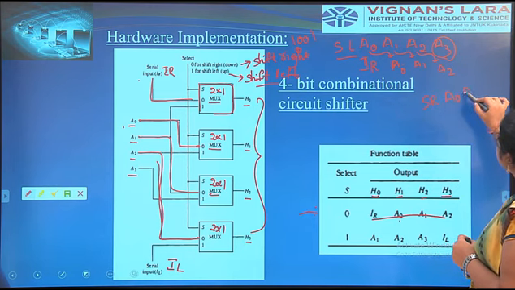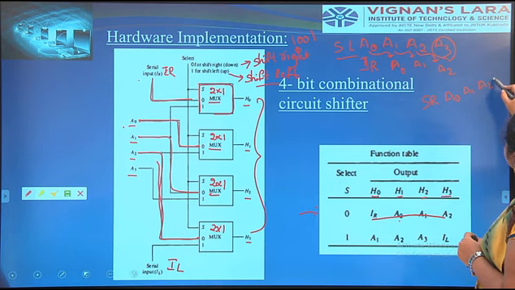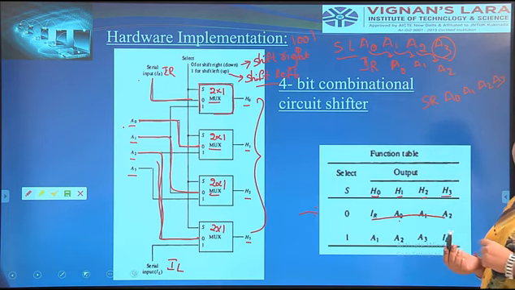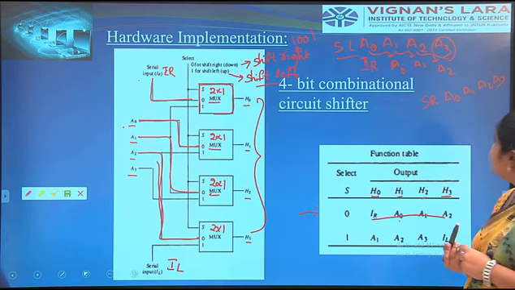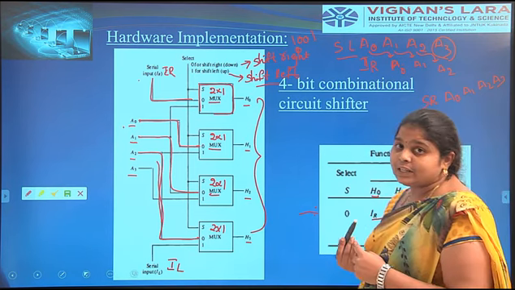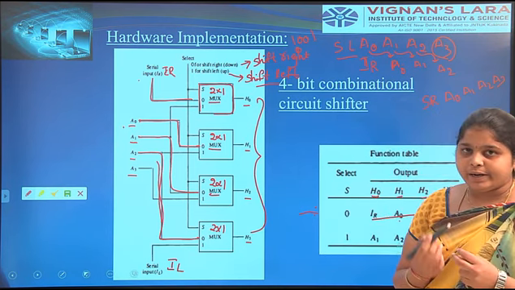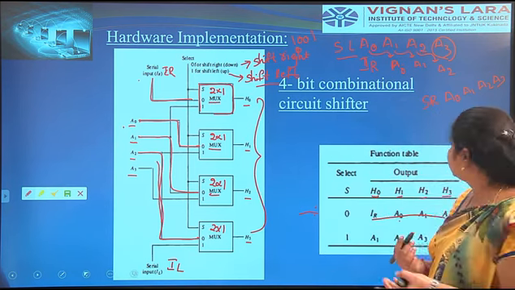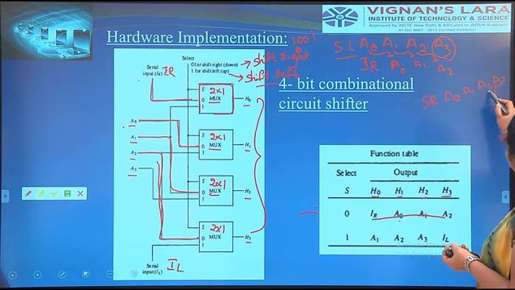What is the definition of shift right? Shift right means it transfers the serial input in the form of bits to the left side. Here we have to place it in IL.